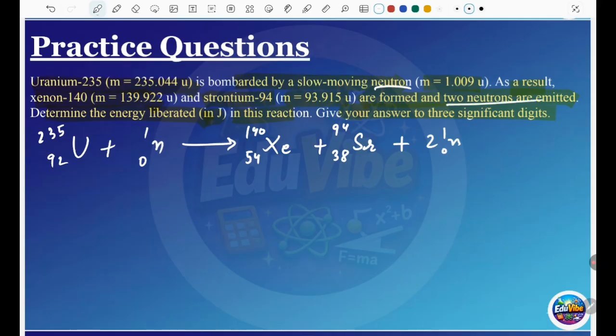With all these things we have to find the energy. So basically we have to find the mass defect.